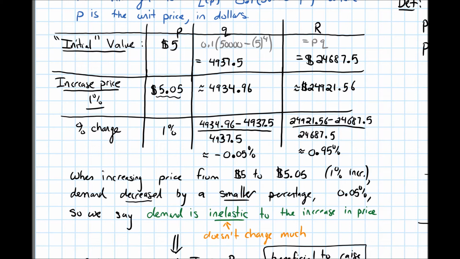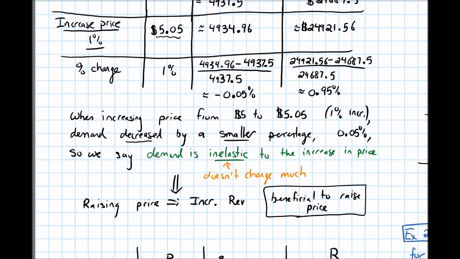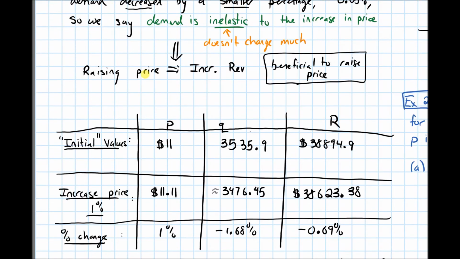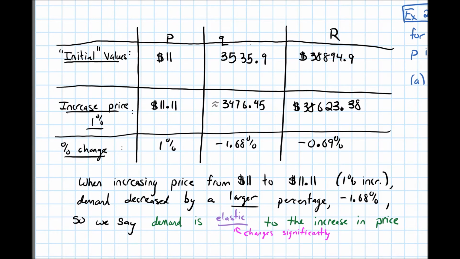Okay, so similarly, in my second table, it would have been better to say that the demand decreased by just 1.68%. So I can either say that the demand changed by negative 1.68%, or I can say that it decreased by positive 1.68%.